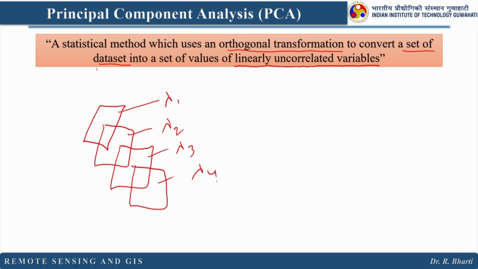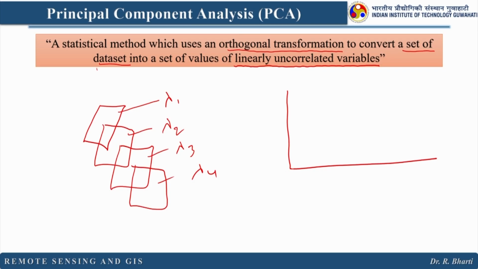These are basically different types of images captured by a sensor in different wavelength regions. If you have vegetation, you might have seen this spectra for vegetation, this is 0.7 and this is 2.5 micrometer.